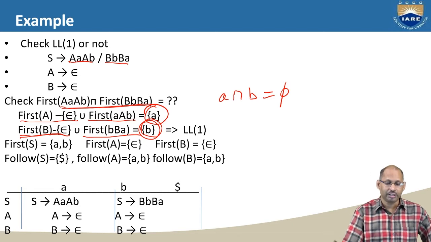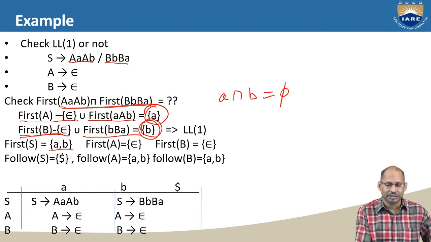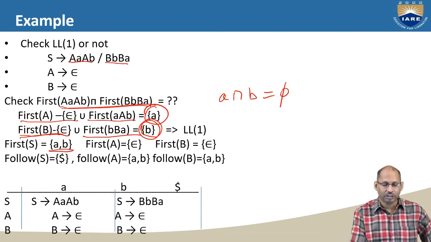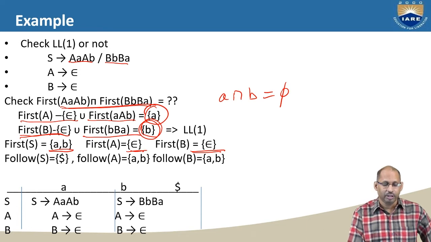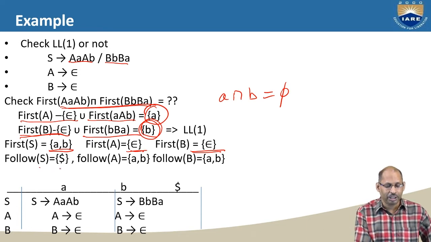Right? Now we'll see what is the first of S. Simply AB. First of A is epsilon. First of B is also epsilon. Since epsilon is in this grammar, we must consider follow of the variables. Follow of S will be the dollar sign.